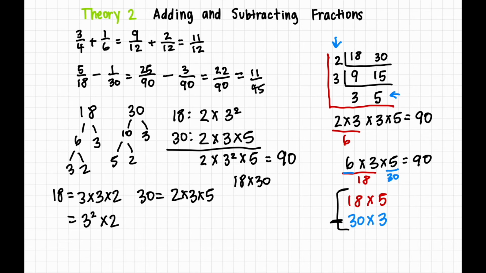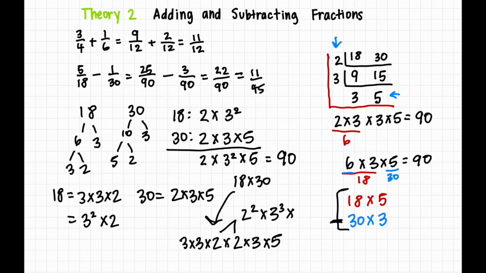Because 18 times 30, if we prime factorize, like we did here, would just be 3 times 3 times 2 times 2 times 3 times 5, right? And if we did this, we would end up with 2 squared times 3 to the power of 3 times 5.